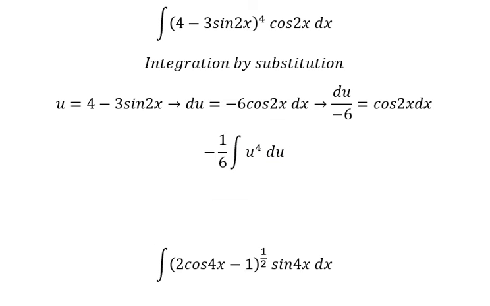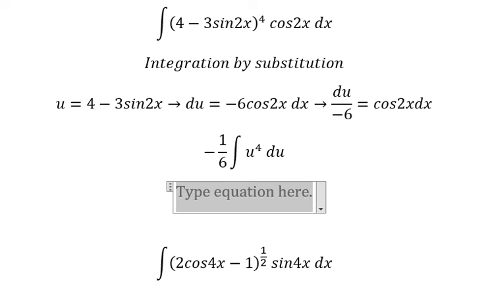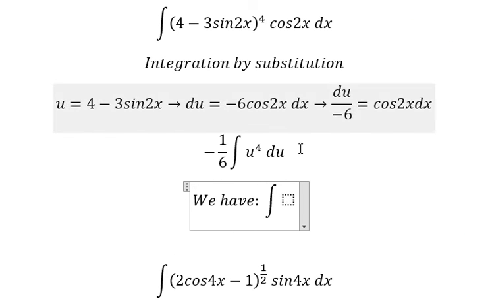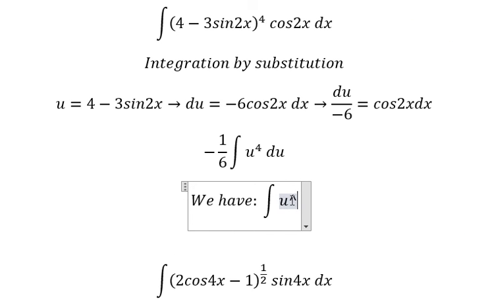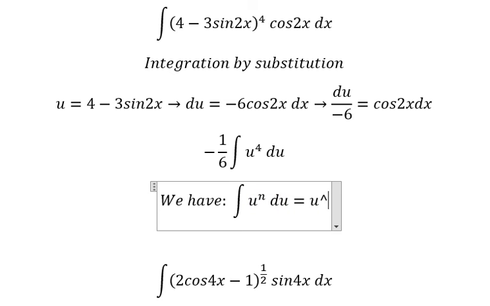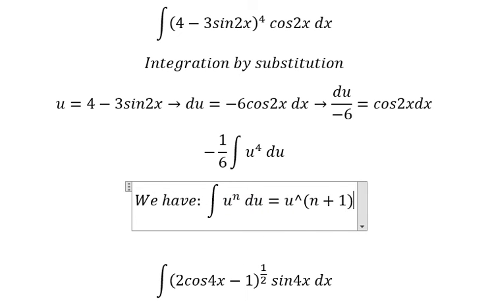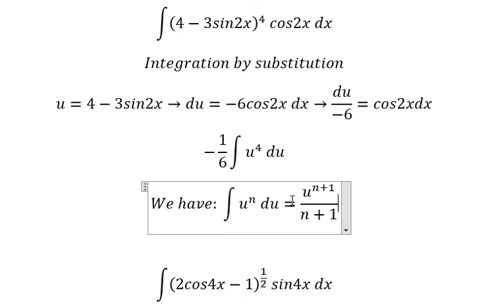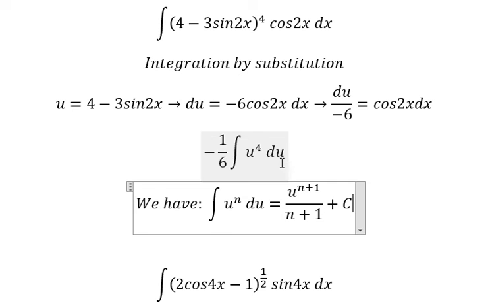Next, we have the formula here: the integral of u to the power of n du is u to the power of n plus 1 over n plus 1, plus c.